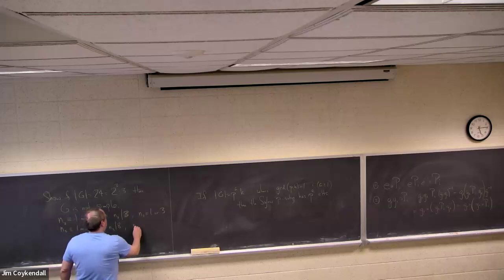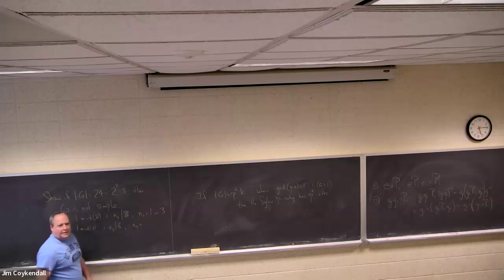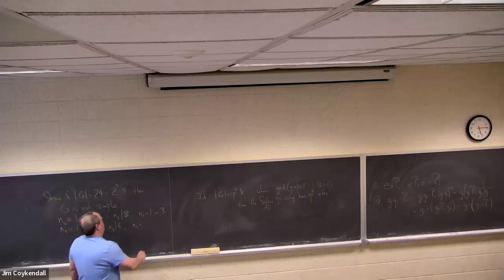So the divisors of 8 are 1, 2, 4, and 8, right? Which of those are equivalent to 1 mod 3? 1 and 4.